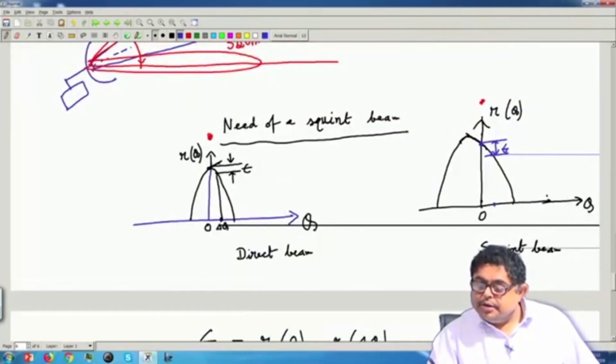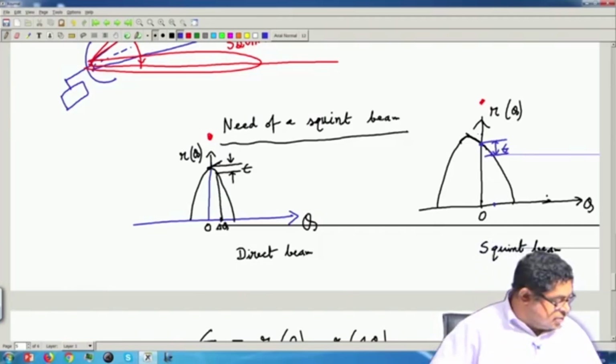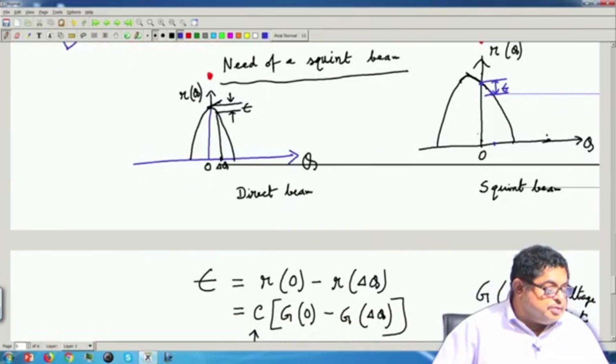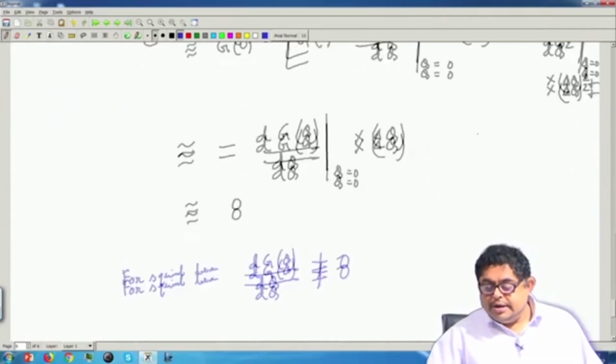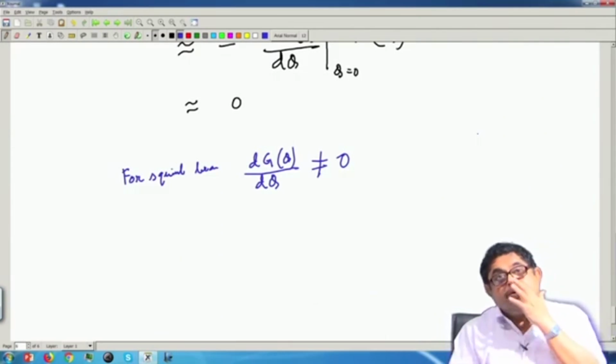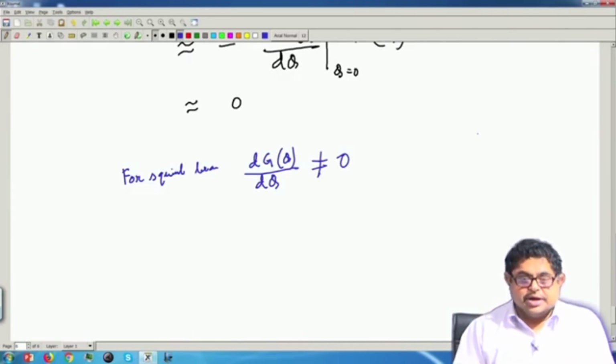You see, the slope of this curve is not 0, only at this point it is 0. That is why a squint beam is a must in case of any angular measurement to be done with very high precision.